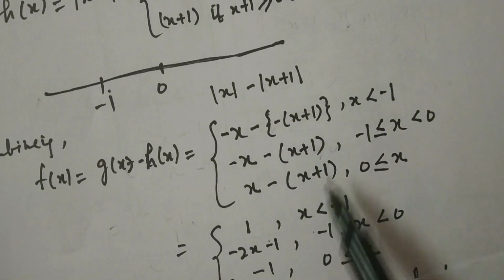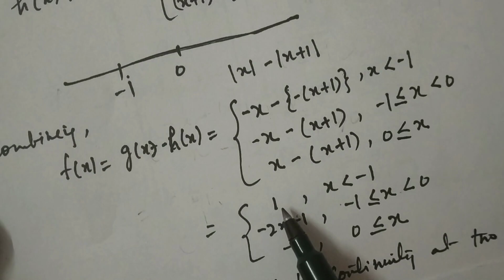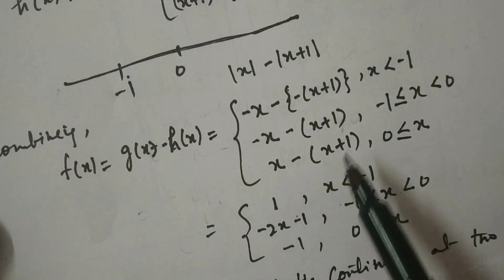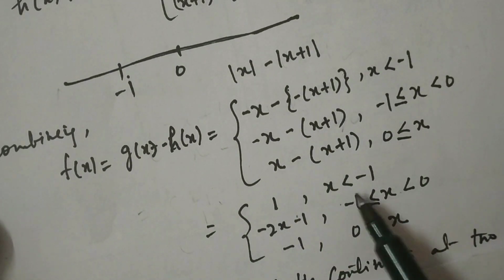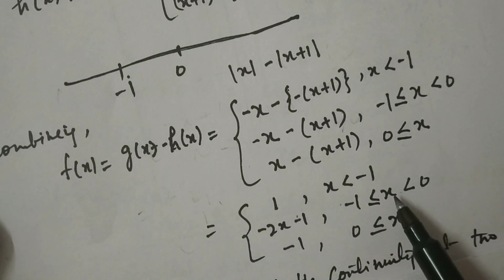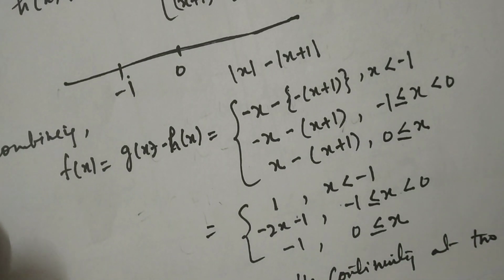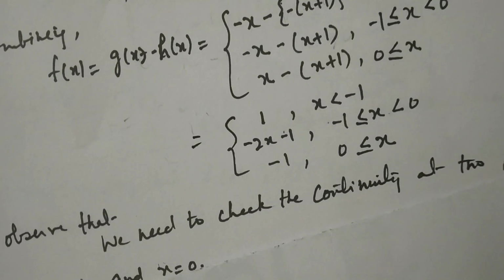Again I calculate all this and define the function, which gives me minus 1 after solving. When x is less than minus 1, the function becomes 1. It becomes minus 2x minus 1 when x is lying between minus 1 and 0, and it gives me minus 1 if x is greater than 0. This way I have defined my function.